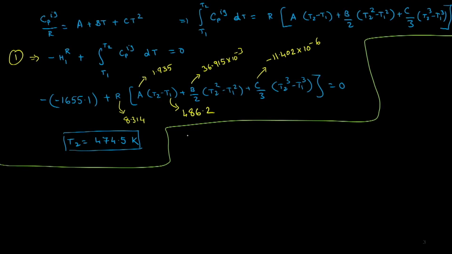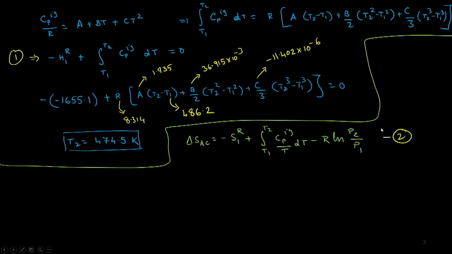The expression for delta S is negative S1R plus integral T1 to T2 of CPIG by T dT minus R ln P2 over P1. This was equation 2.